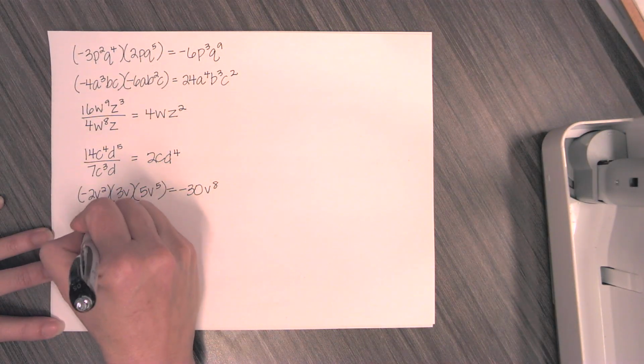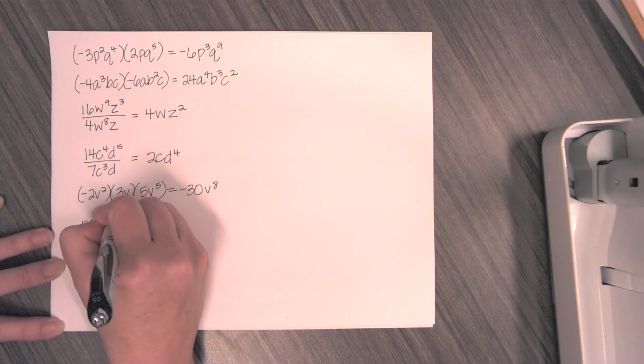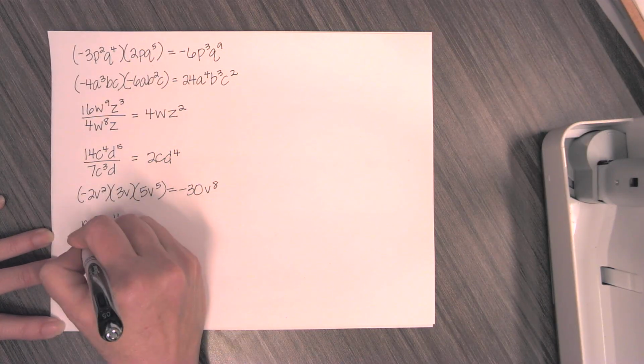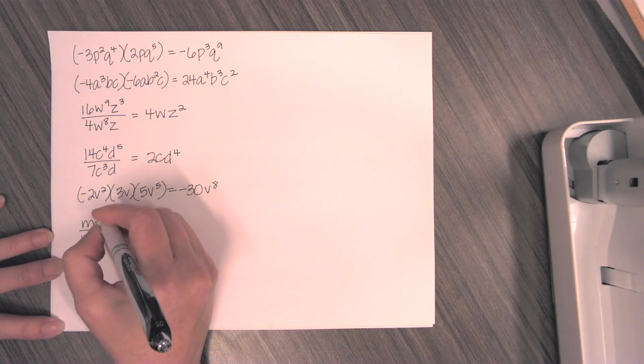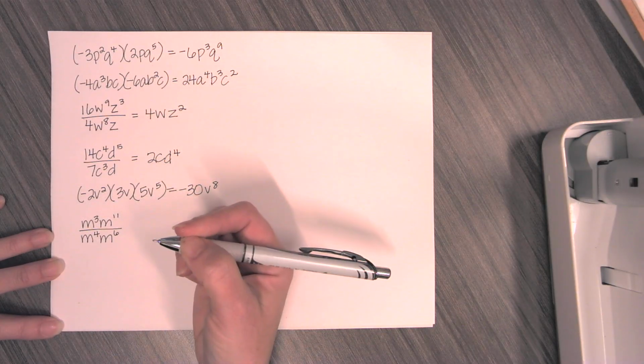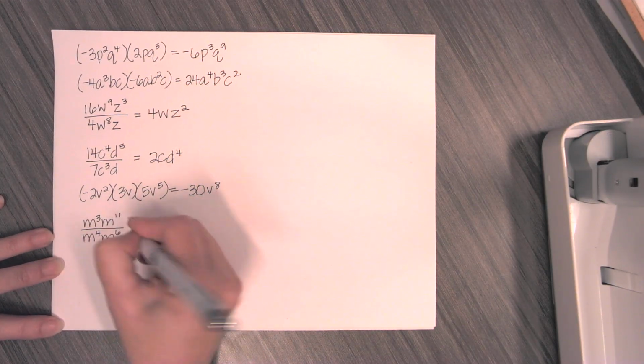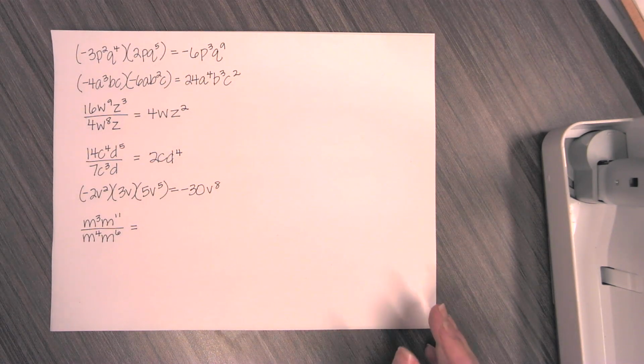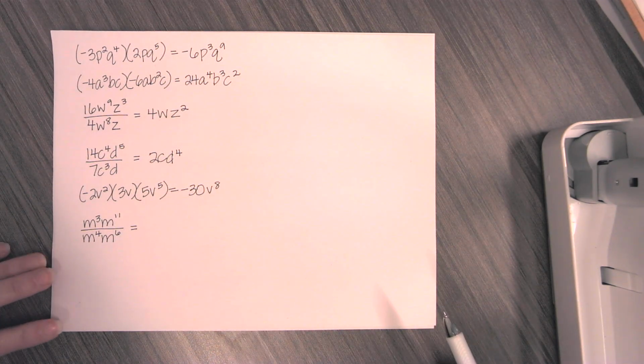All right, last one. M to the 3rd times m to the 11th over m to the 4th times m to the 6th. Now, as long as you follow your rules, there are several ways to do this.